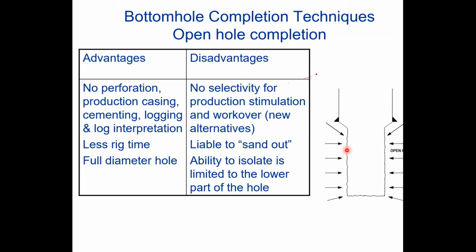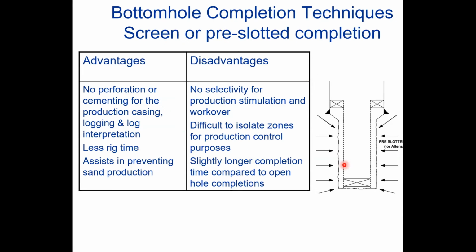You cannot decide where to produce, okay? So here you have gas, you might produce gas. Here you have oil, and here you have water, so you might produce water, okay? So you don't have selectivity.